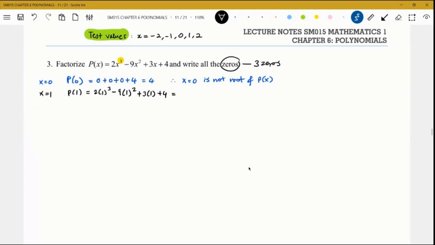Okay, so the remainder we get is 0. So since we have 0, directly we know, if I change it to factor form, it will be x minus 1. It is a factor of P(x).